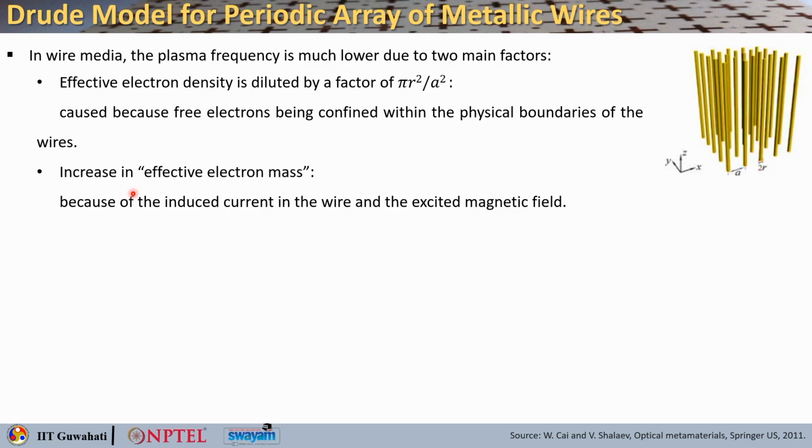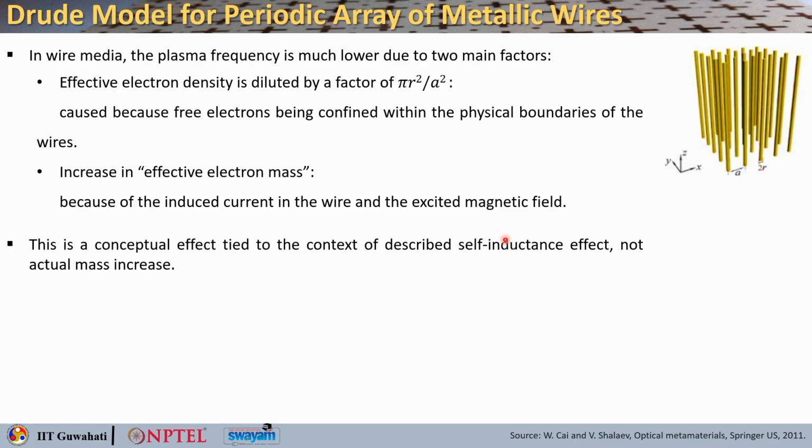The second factor is the increase in the effective electron mass. This was described by Sir John Pendry: the effective electron mass increases, coming from the induced current in the wire and the excited magnetic field.